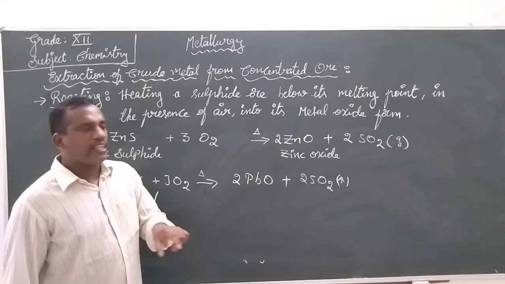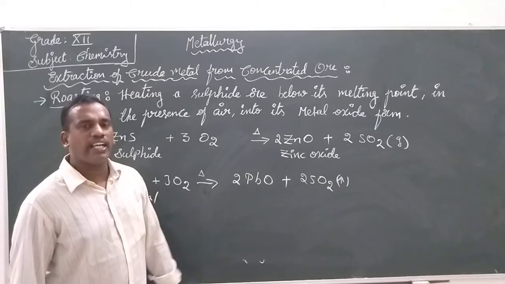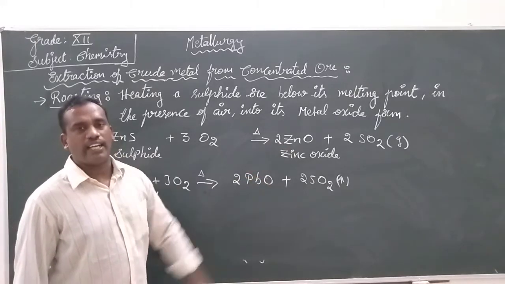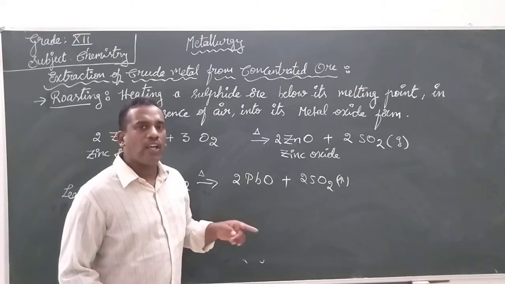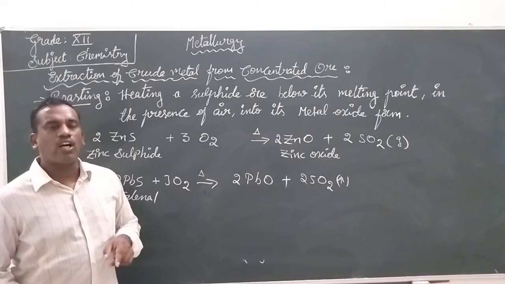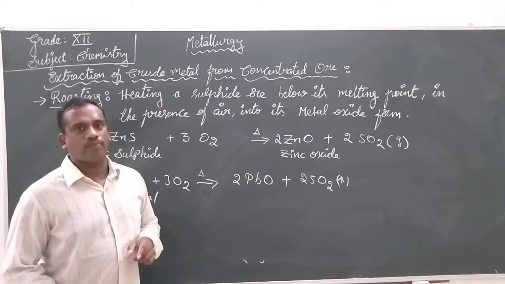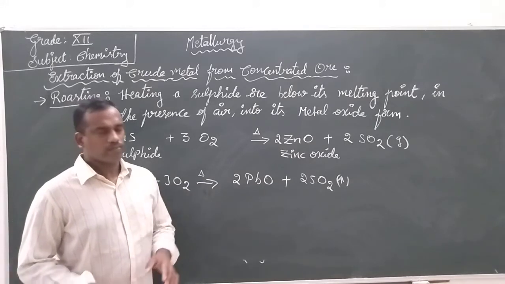Prior to that, we got one byproduct here. What is the byproduct here? Sulfur dioxide. These gases of sulfur dioxide are further used in the manufacturing of sulfuric acid.